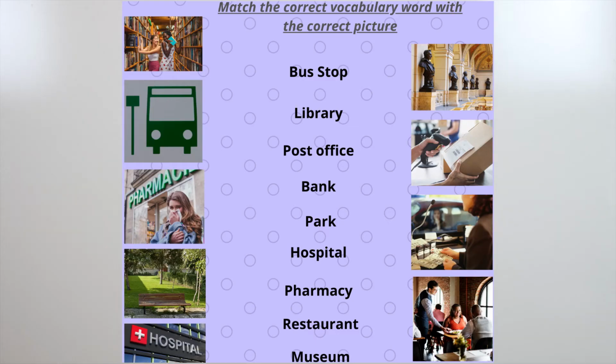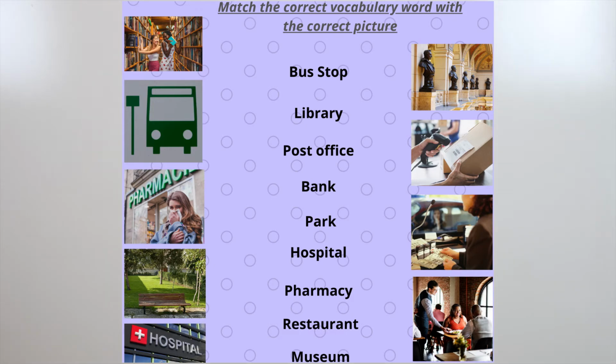Now that we've practiced saying these words, let's see if we can match the word with the picture. On your screen, you see 9 photos of places around town. You also see the 9 vocabulary words.